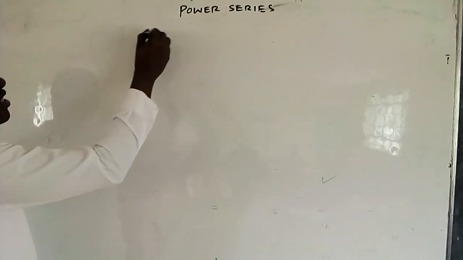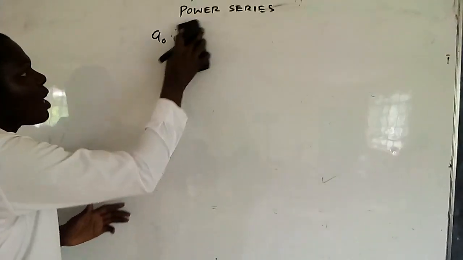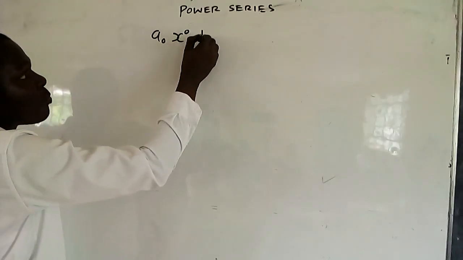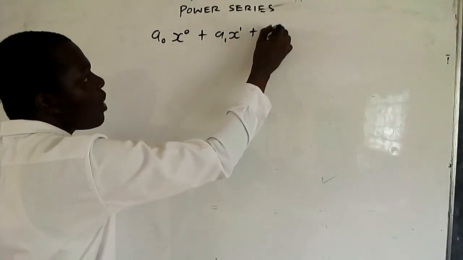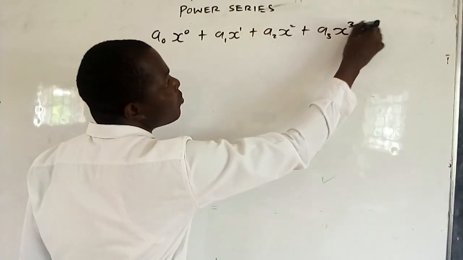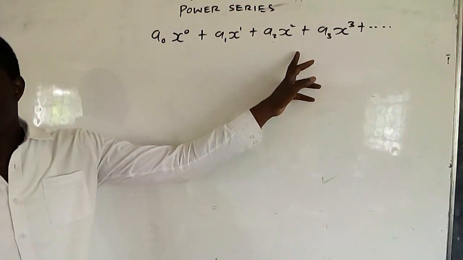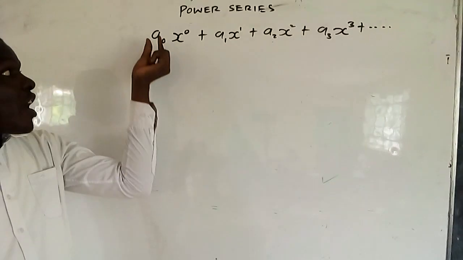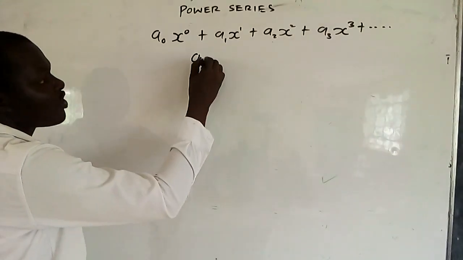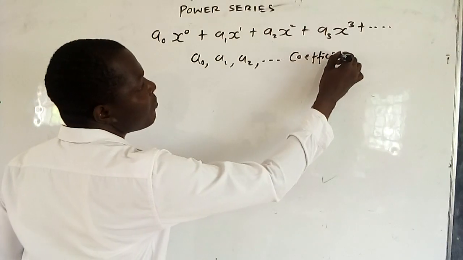So if you have an algebraic expression where you have a0 plus a1, remember, the reason why I'm not putting a variable there, it is a0 x raised to power 0 plus a1 x raised to power 1 plus a2 x raised to power 2 plus a3 x raised to power 3 in that order. Are we together? So when you see an algebraic expression in this form, meaning it has the coefficients a0, a1, a2, a3, in that order, these are the coefficients.